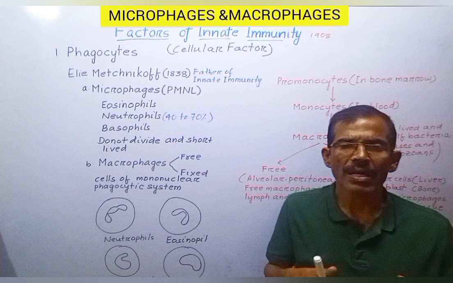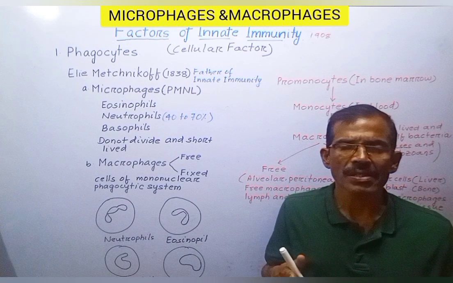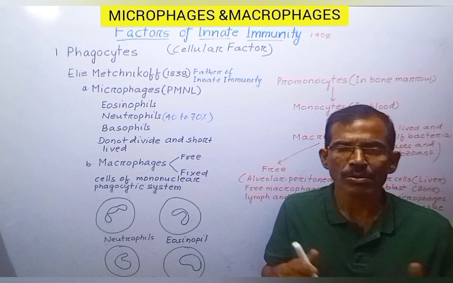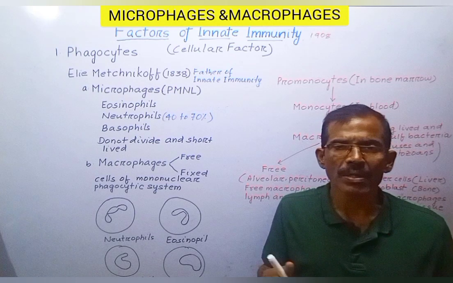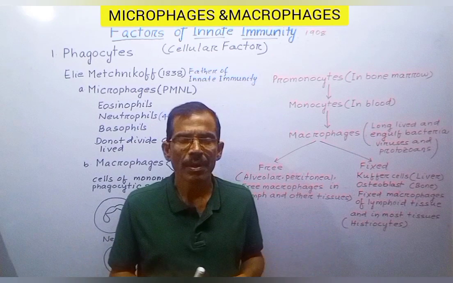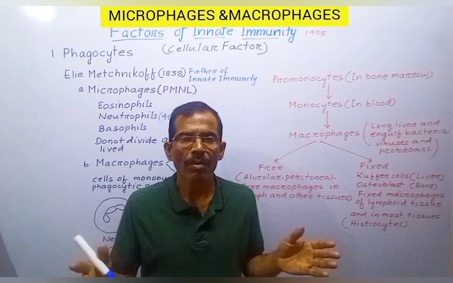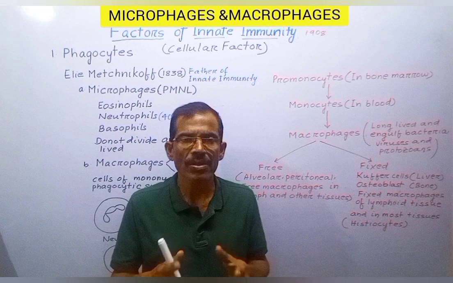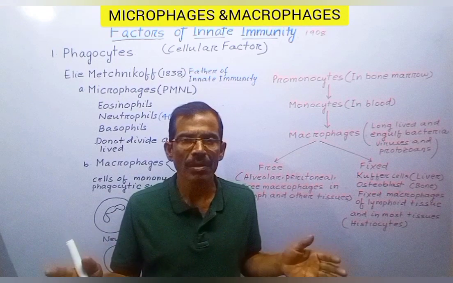So both microphages and macrophages are professional phagocytes. They engulf and digest foreign substances such as pathogens and also cellular debris. Macrophages are long-lived. They are found engulfing bacteria, viruses, and protozoans.